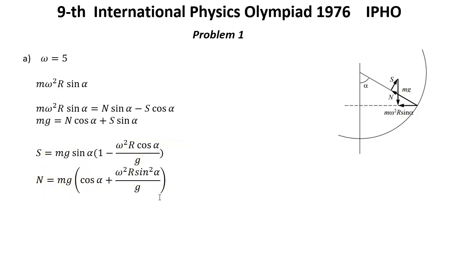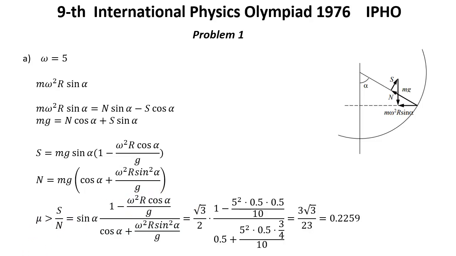And the block does not slip down if we have mu greater than force of friction over normal force, which is this expression, and after putting numbers we will get 0.2259. In this case there must be at least this friction to prevent slipping. So that was the solution for question A.